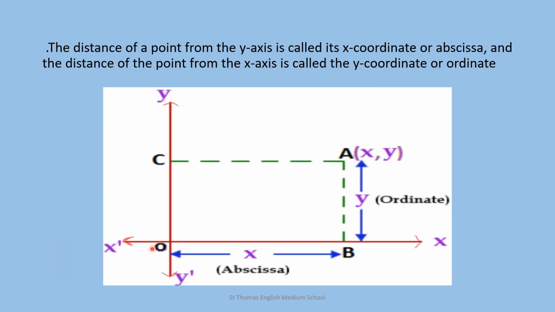In a Cartesian plane, the distance of a point from the y-axis is called the x-coordinate or abscissa, and the distance of a point from the x-axis is called the y-coordinate or ordinate. Always write the x-coordinate first; it is of the form (x, y).